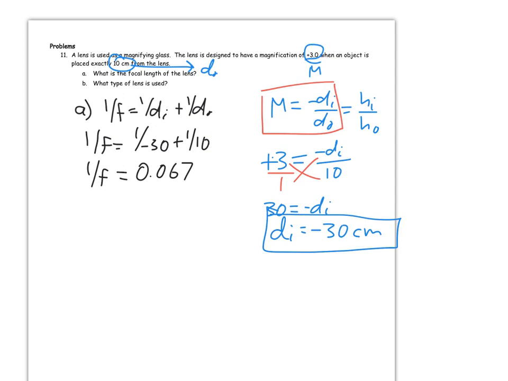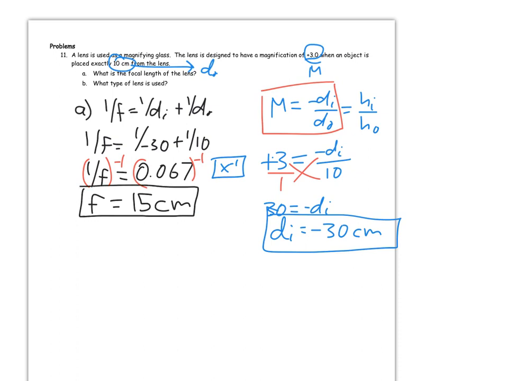And then here we're going to use that x to the minus first, so we're going to raise both sides to the negative first power. That's going to allow us to solve for F. So this side just becomes F. And when we raise that 0.067 to the negative first power, we end up getting 15. So 15 centimeters is our focal length here.